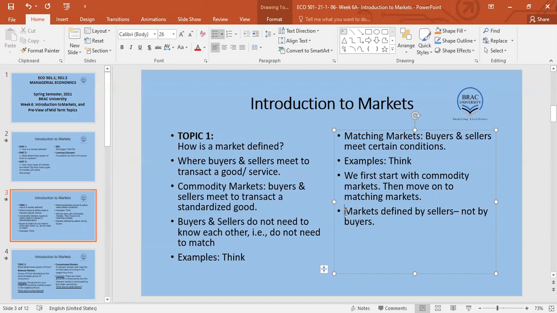And throughout our analysis, the question was, how is a market defined? A market can be defined by the number of sellers or by the number of buyers. So market power can be that you have a selling power or a buying power. We are going to look at product markets, output markets. That means we are going to define the markets by the number of sellers.